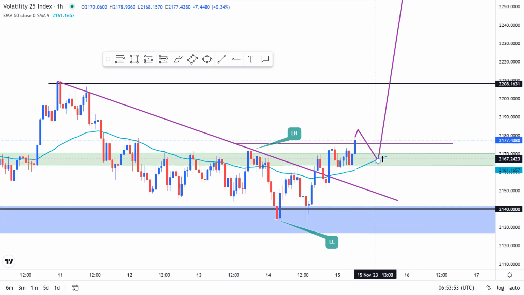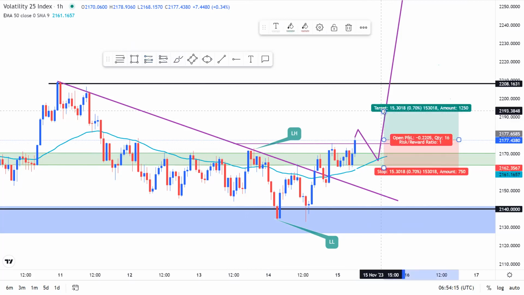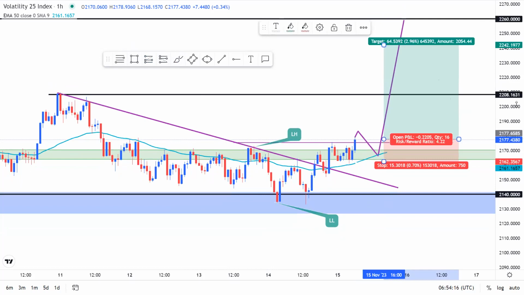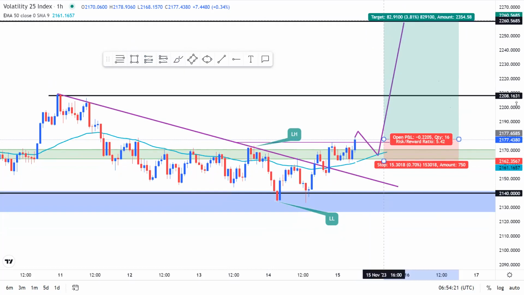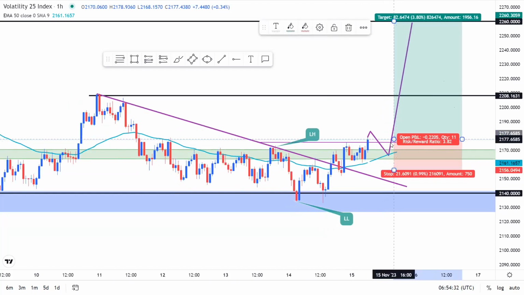And then every one of these confluences, as soon as price presents us a rejection and then a bullish momentum engulfing candlestick close at the retest of this level, that would trigger my buy entries for longs on my anticipated overall take profit at the 2260 level, and then my stop loss is just below the lows right about here.